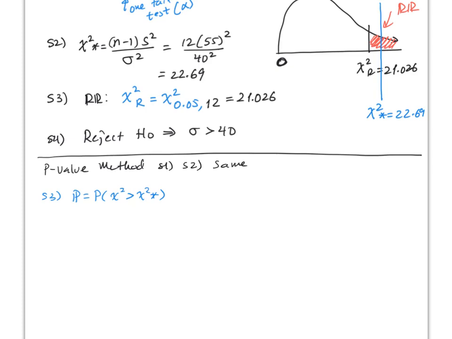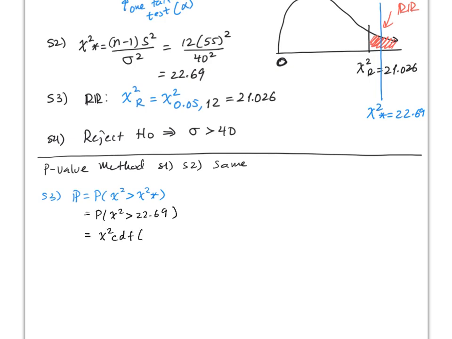Also remember that you had 2 choices. You can use the table or you can use the calculator. So let's do the calculator this time first. So this is going to be the probability that chi-square is greater than 22.69. If we use the calculator, this is going to be chi-square CDF.